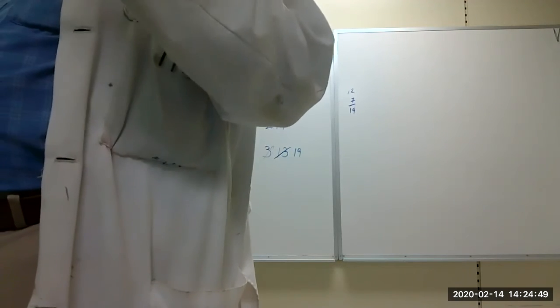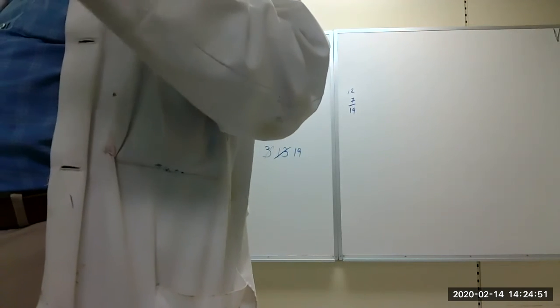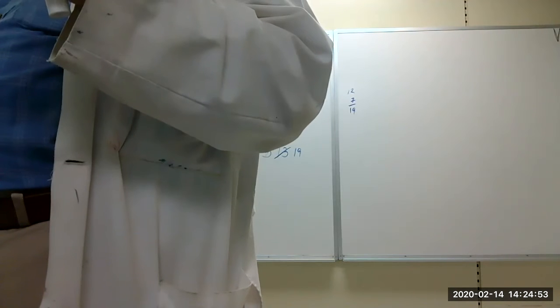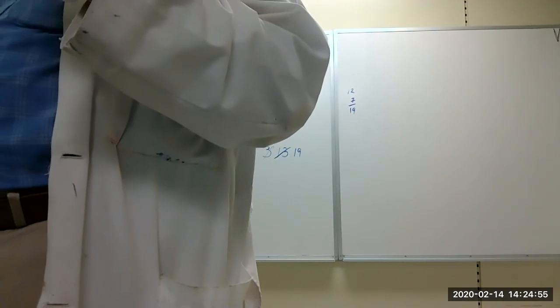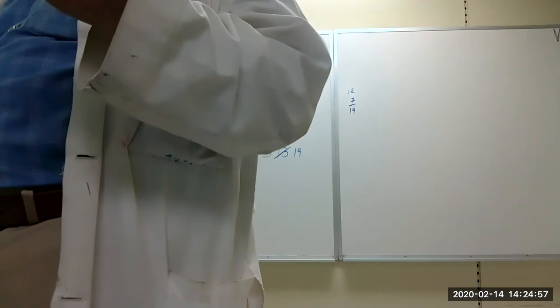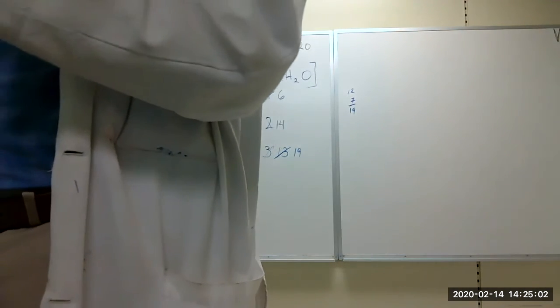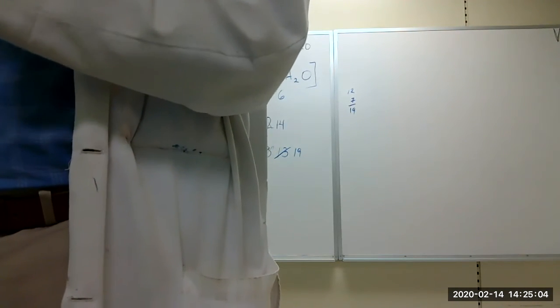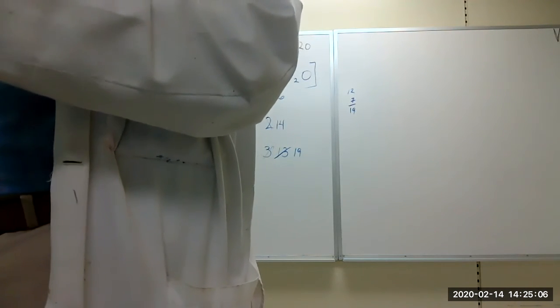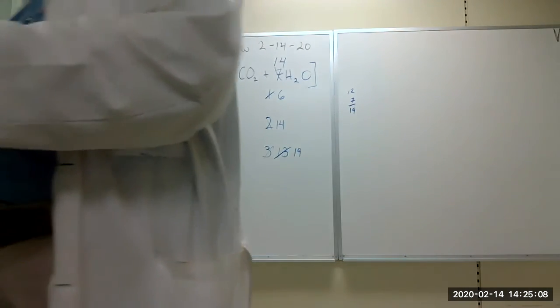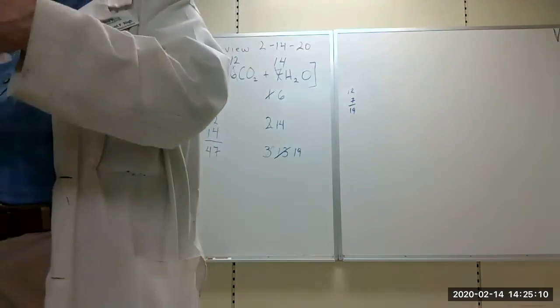Remember, the empirical formula is the simplest whole number ratio. So the first one is how many carbons? 1, 2, 3, 4, 5, 6, and 6 hydrogens. So the molecular formula for that one is C6H6. But the empirical formula is CH, right? So use that reasoning for the rest of them and you'll be fine.